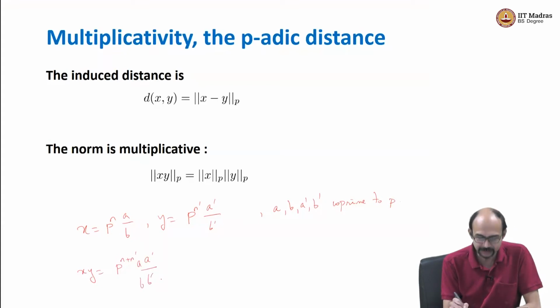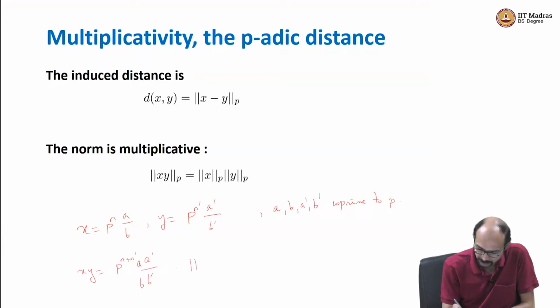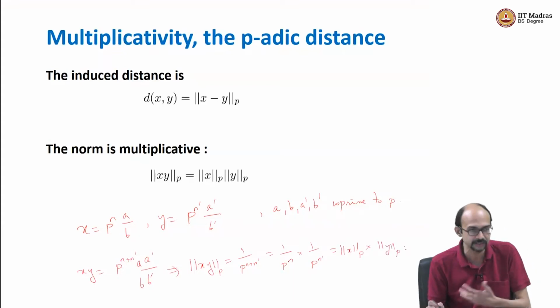This is exactly the form that we require in order to say what the norm is. So this tells us that the norm of xy is 1 over p to the n plus n prime, which is exactly 1 over p to the n times 1 over p to the n prime. The first is the norm of x, the second is the norm of y. So this is multiplicative. This is an easy statement.